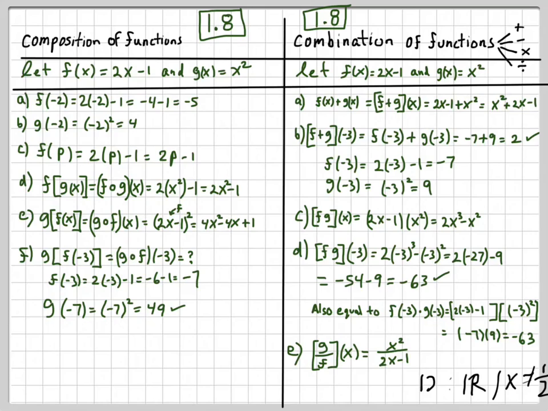In this case, the value of x equal 1/2 in the expression below, in the denominator, would make the denominator equal to 0, which we can't have. Anyways, that is the difference between composition and combination. And that is all.